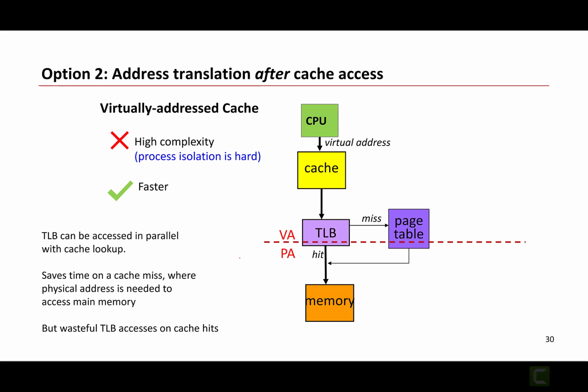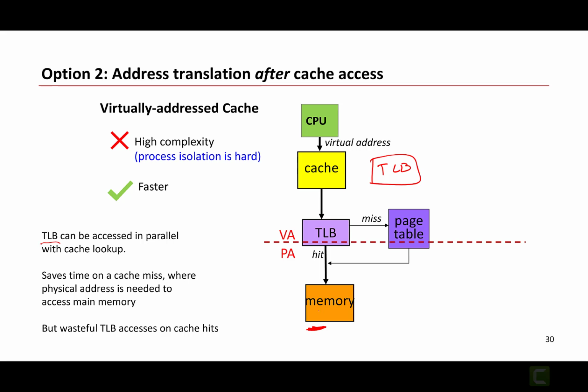But another option is to do the TLB lookup in parallel with the cache lookup. Now, why would that be interesting? Well, if you were to do that, then by the time you discover that the cache doesn't have the data, meaning it's a cache miss, you already have the physical address to go and access the main memory. So you shave off a few cycles when you want to go and access the main memory.